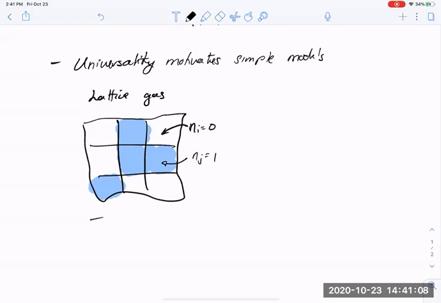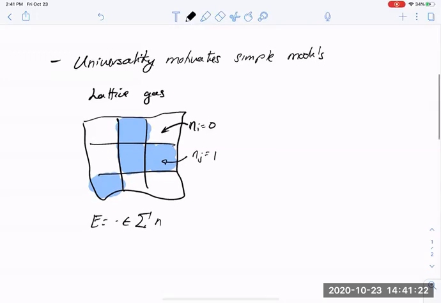The simplest energy we could imagine writing down for such an interacting lattice gas would say that nearest neighbor cells in which both are filled, so both have particles, interact, and they interact with some scale epsilon. It is attractive, returning minus epsilon of energy only if n_i and n_j are both 1, so both filled.